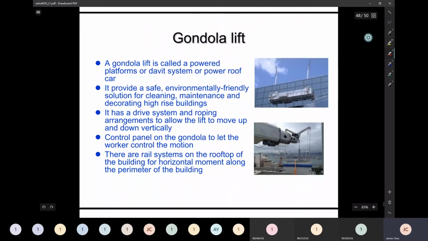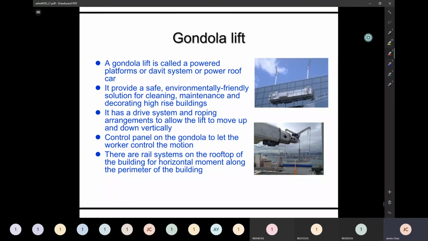Now, at the end of this lesson, we talk about two case studies. The first one is the gondola lift. Gondolas come from Venice. Okay, it is actually a boat, but in a building, the outlook looks like a gondola, so we call it the gondola.